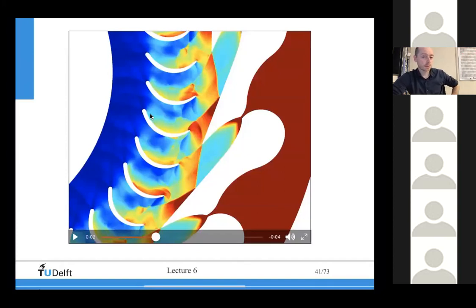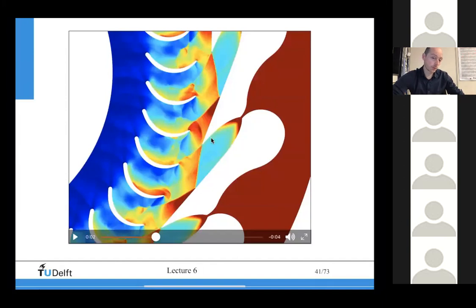So very, very high pressure ratios, which you cannot have with steam, or with air, for example.